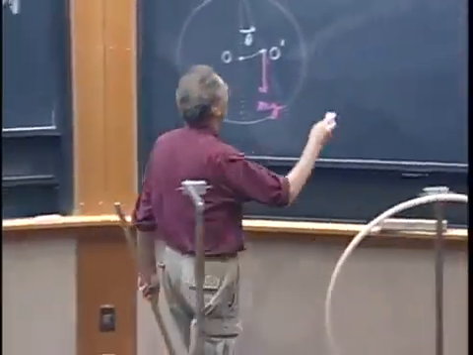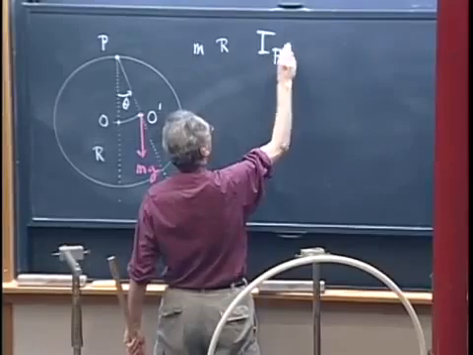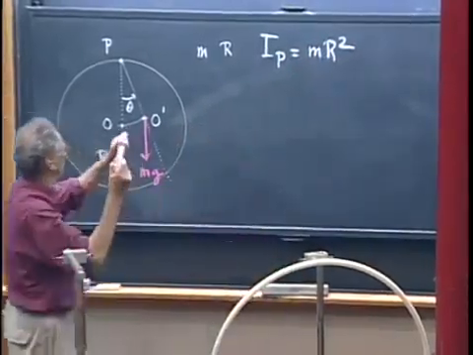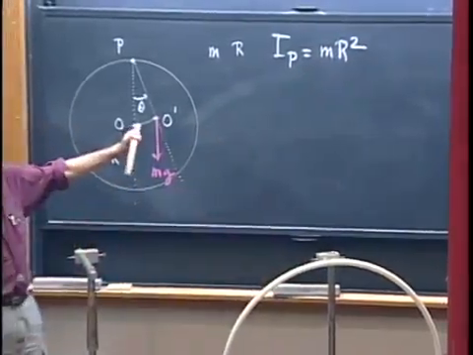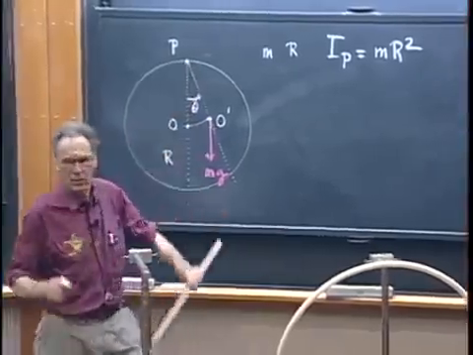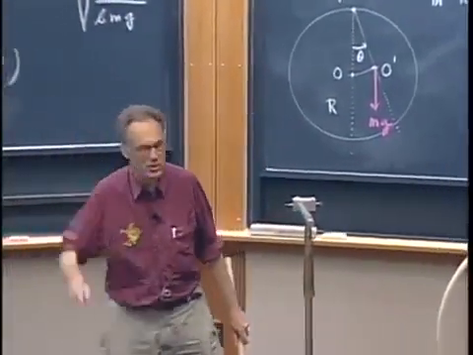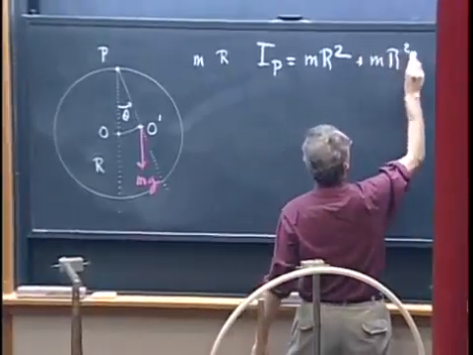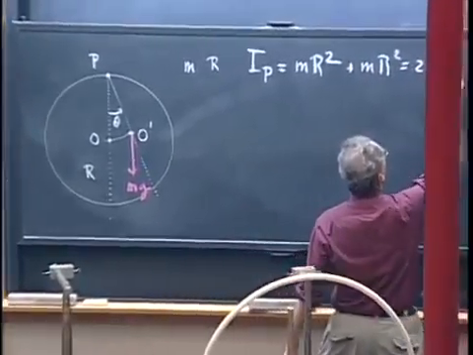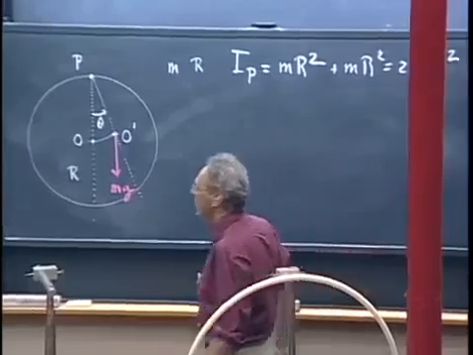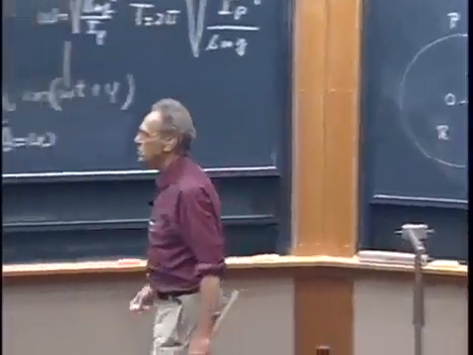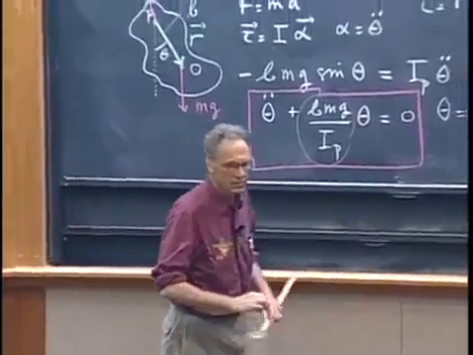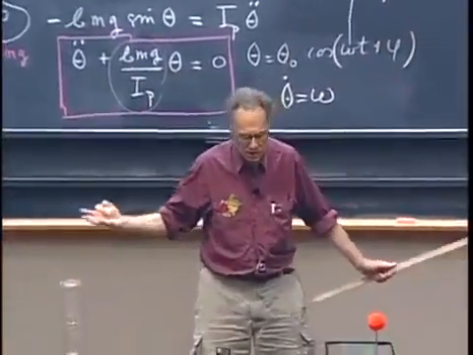And so the moment of inertia about point P is MR squared for rotation about this point. We take the same axis, we move it to P, and we have to add m distance squared, so we add plus MR squared, so we get 2MR squared. And then we have B. What is B? What is the distance from P to the center of mass? That's r.